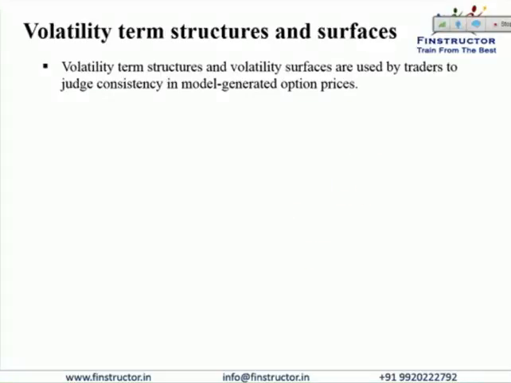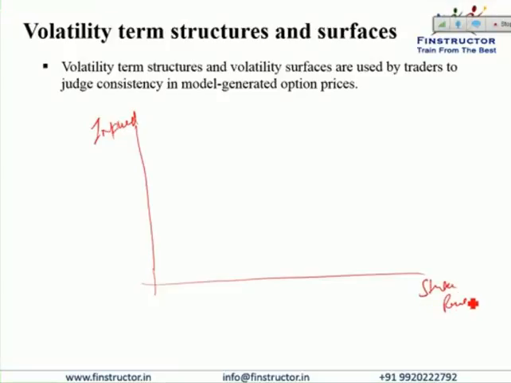An important concept is that of the volatility term structures. The volatility smile and the volatility smirk that we depicted basically plotted the implied volatility with the strike price, or with the moneyness, how in the money or out of the money is the option.